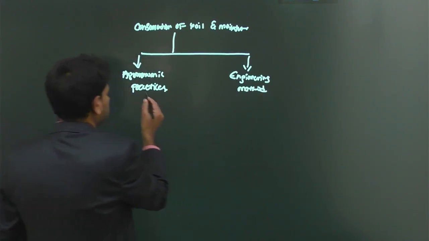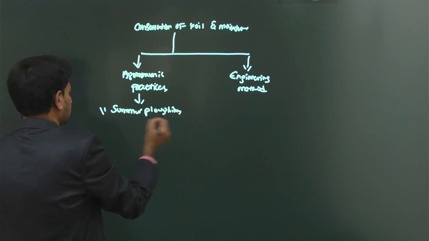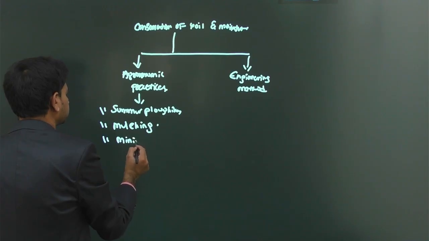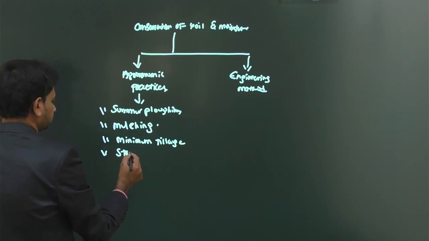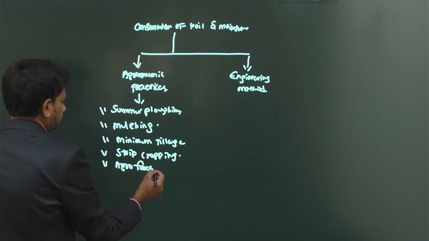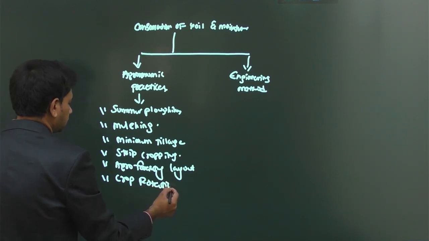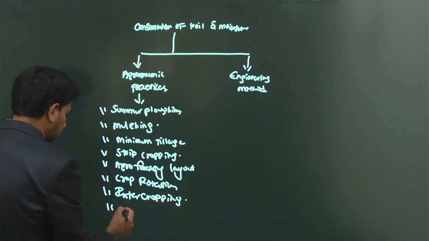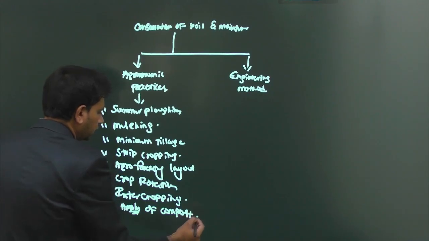In the agronomic methods, basically we have summer plowing, mulching practices, minimum tillage, strip cropping, agroforestry layout system, crop rotation, intercropping, and application of compost, which can help in minimizing the erosion of soil particles.